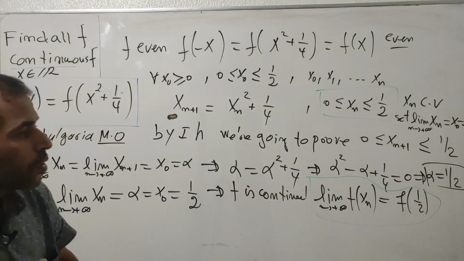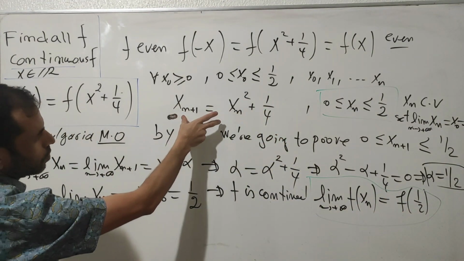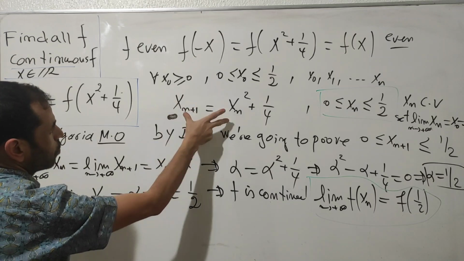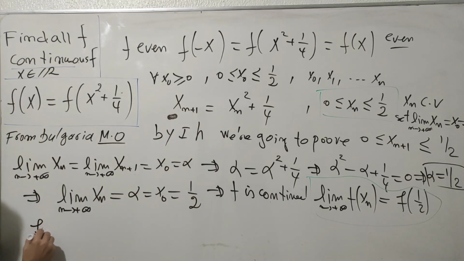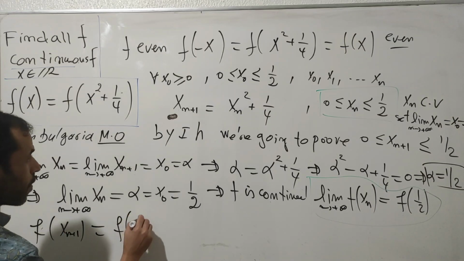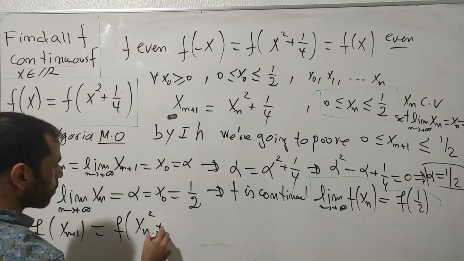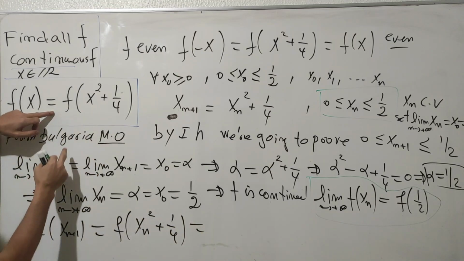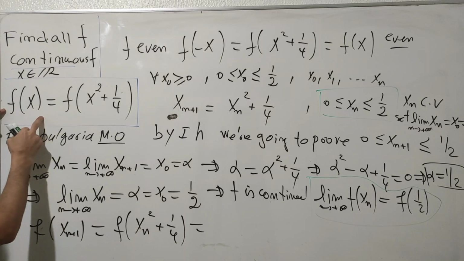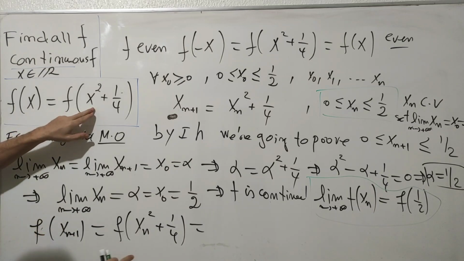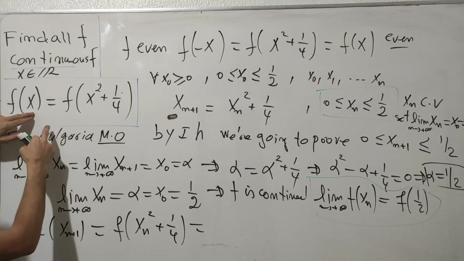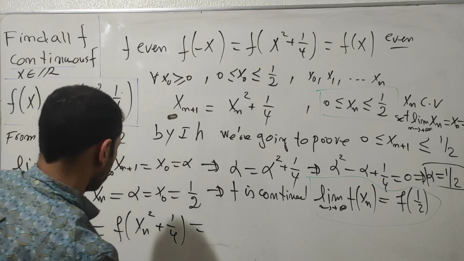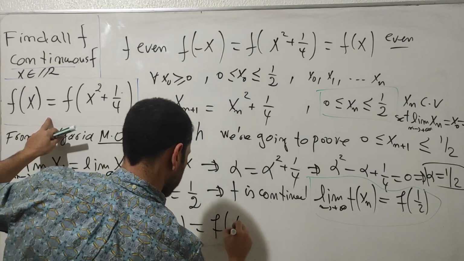Okay, we are simply going to apply f on both sides here. So we get f of x sub n plus 1 equals f of x sub n squared plus a quarter. So I'm going to use this definition that we have previously here. By replacing x with x sub n here, I get f of x sub n.